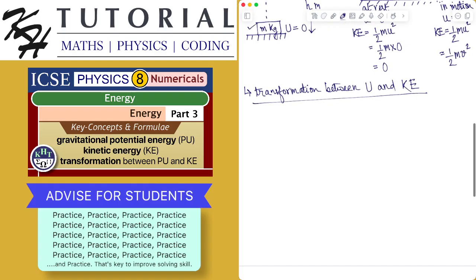Okay, so I will take a very typical example. Let's say a body of mass m kilogram is dropped from the position A, and let's say the position C is the ground, that is, the position C is at height 0.